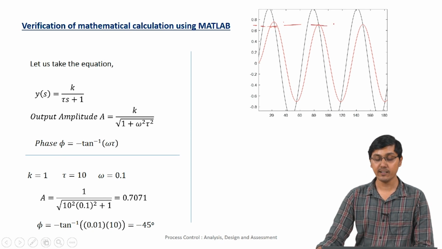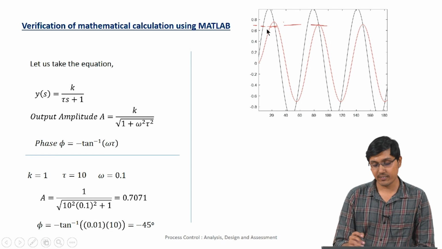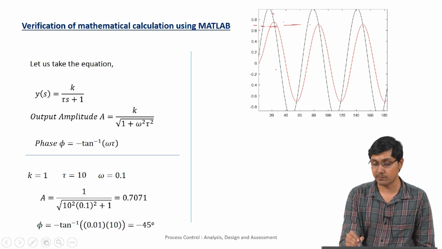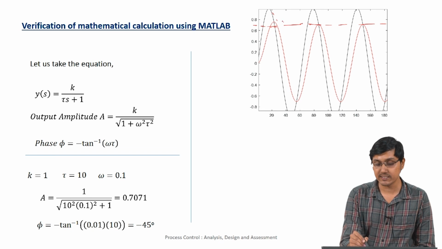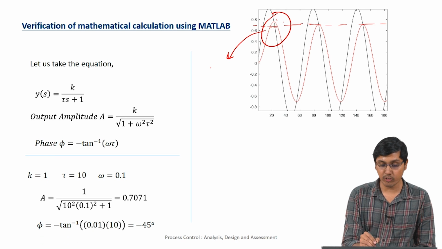Here you can easily see that the initial response is not something that we can capture. This response and this response are the same, but this part is not the same. This is the term that we skipped by ignoring the e power minus t by tau term.